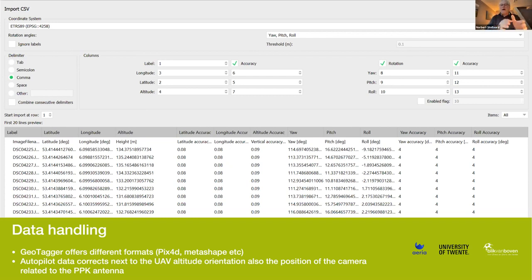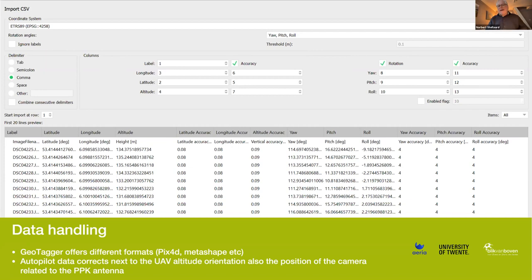You also have a version of this specific for Pix4D. We do not use that ourselves, but in Pix4D, as far as I remember right, you make use of omega, phi, kappa, that kind of stuff. They take care of it for you. So with the same geochecker, you get various types of files which you can implement in your own type of software. I think that's a real benefit.